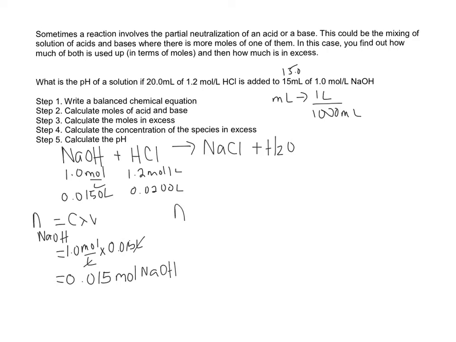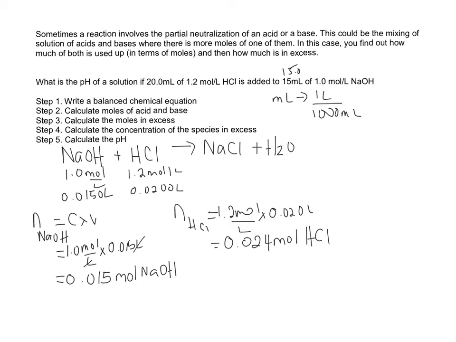And now moles of acid, 1.2 mole per liter times 0.02 liters. So that is 0.024 moles of, I was going to write NaOH, HCl.